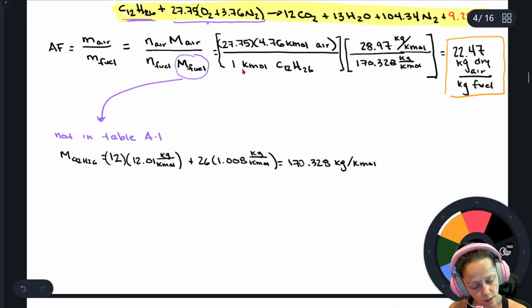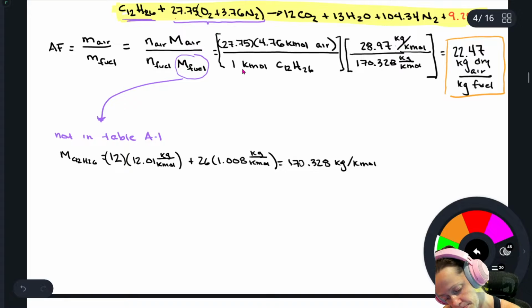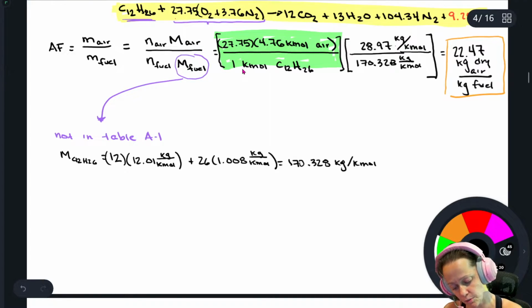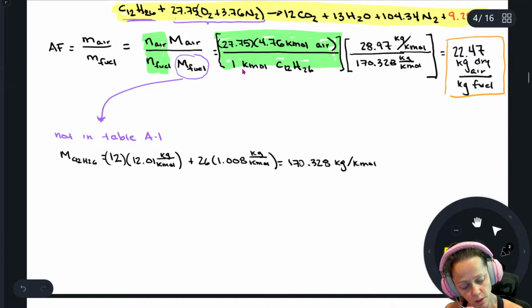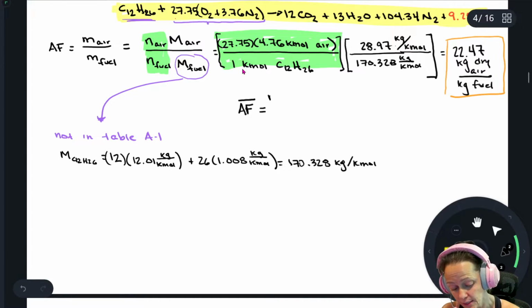And of course, this right here, you'll notice this is going to be in terms of kilomoles of dry air per kilomole of fuel. So isn't that going to be useful. That is exactly what our air-fuel ratio with a little bar over it is. On a molar basis, it's just the number of moles of air per mole of fuel.